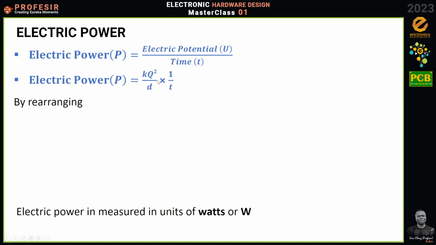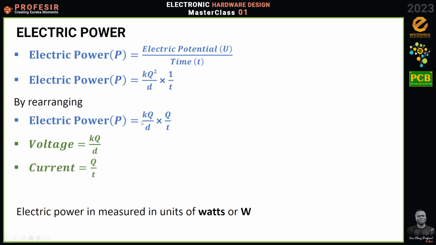So I've just merely done some separation. If we rearrange this, we can move one q from the square and put it on top of the t, so that we get q over t, and then we'll be left with kq over d. And remember, we defined voltage as kq over d. That means we have a voltage component here.